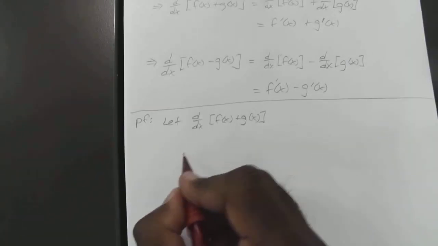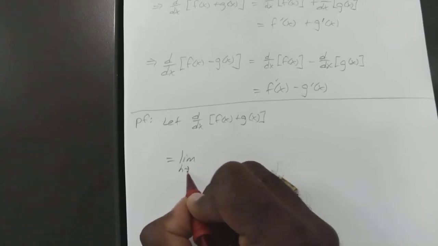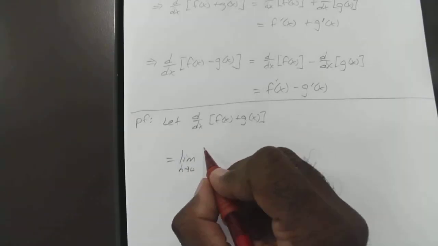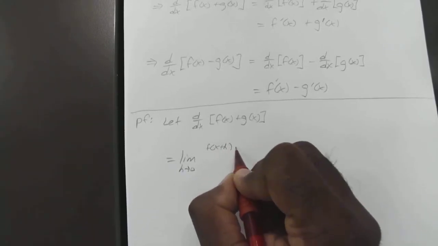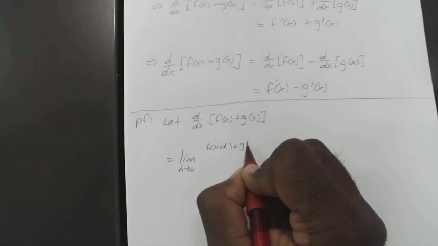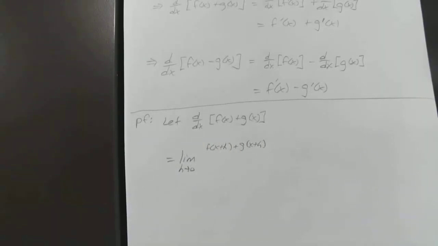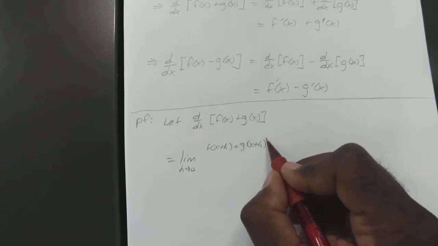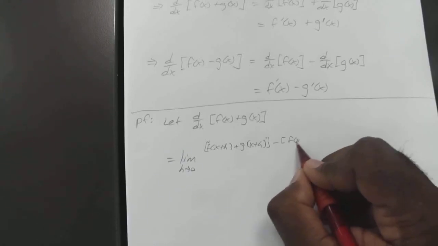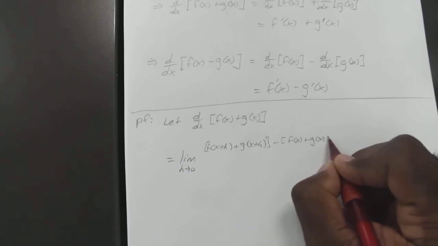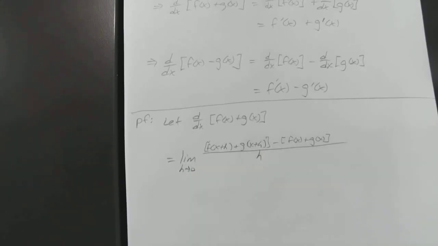Okay, so we know that's going to equal the limit as h approaches 0 of f of x plus h plus g of x plus h, remember, that's our f of x plus h, minus f of x plus g of x, all over h.